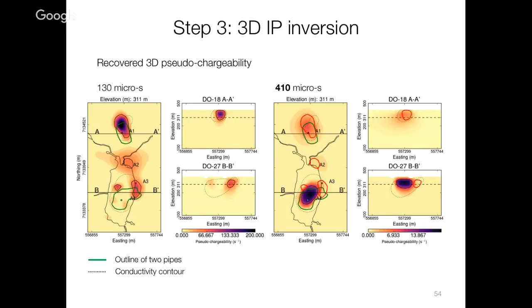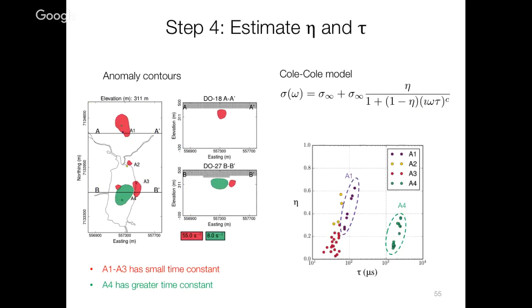What we might be interested in is how we can recover some intrinsic values. So these that we're seeing are all kind of pseudo chargeabilities. This is kind of like an effective value of chargeability at a particular time. If we try to represent what the frequency dependence is of electrical conductivity, here's one way of doing it. It's called a Cole model. It can be written either in terms of conductivity or resistivity.